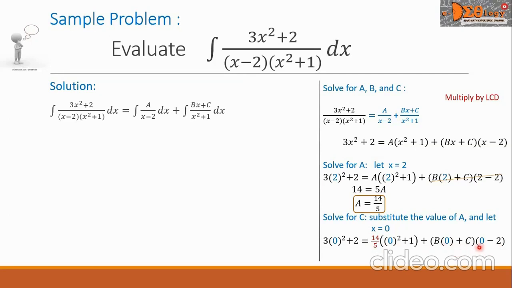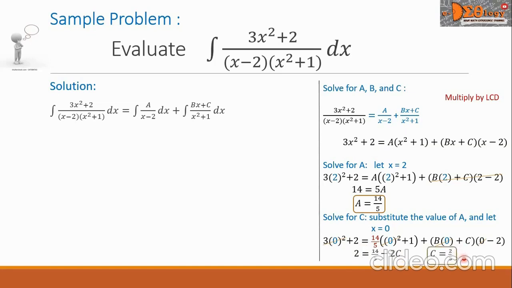We can cancel all the zeros in here. By simplifying further, the left-hand side becomes 2, and this is equal to 14 over 5 minus 2c. When we simplify this equation, we will get the value of c, and that is 2 over 5.